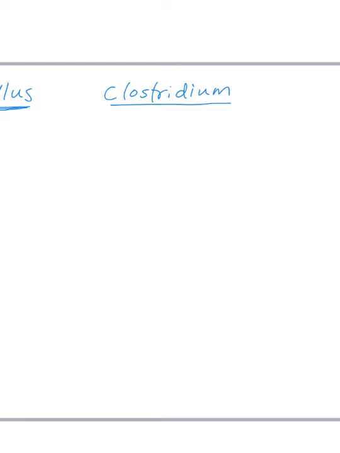Bacillus subtilis is a species that we typically use a lot in lab. It's a species that's found in the soil. Most of the Bacillus are going to be environmentals. Okay, they're soil organisms.